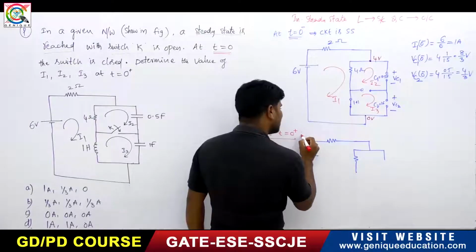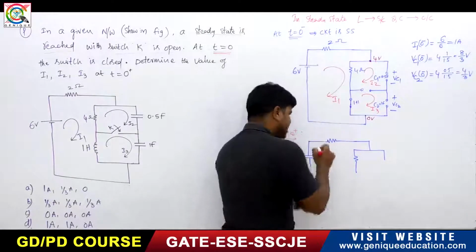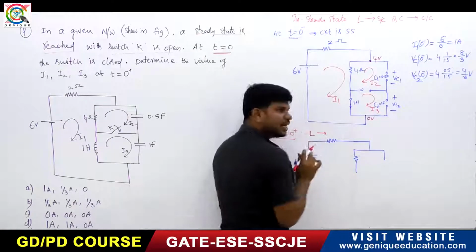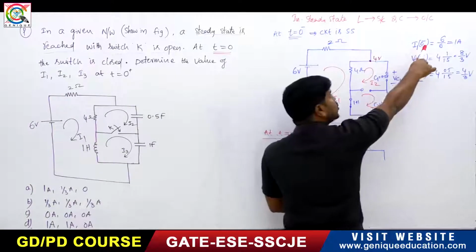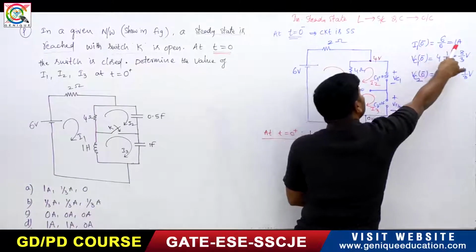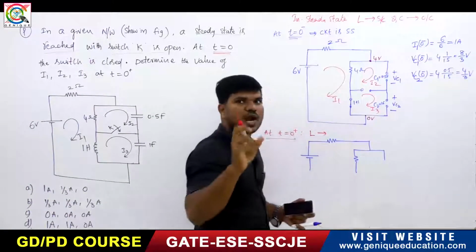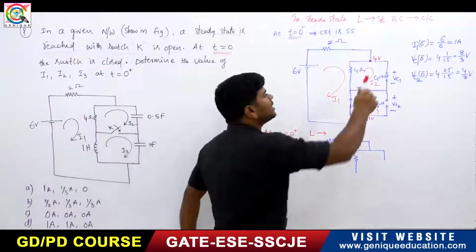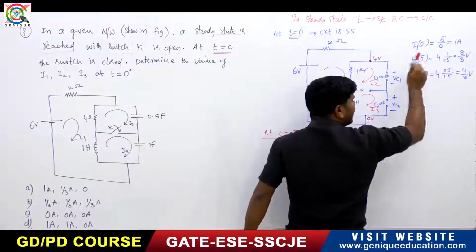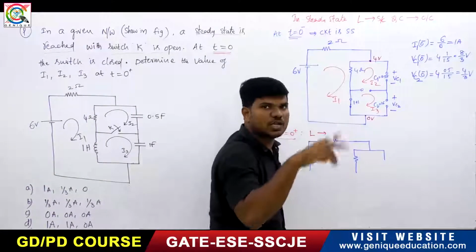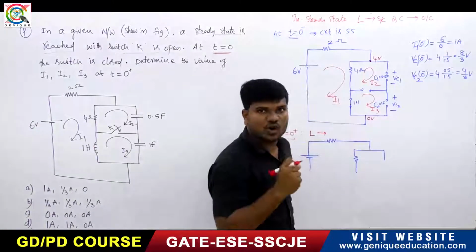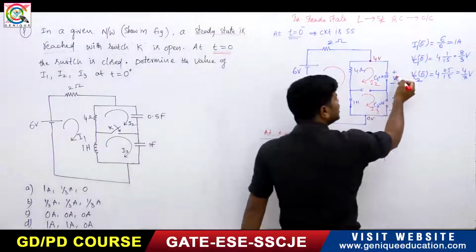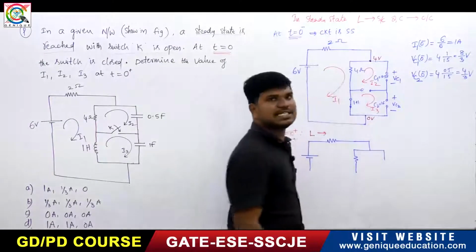At t equals 0 minus also, the current is existing. That's why it is called an energized inductor. Even though the switch is not closed, the capacitor has some initial voltage. So that's why these two are called energized capacitors.